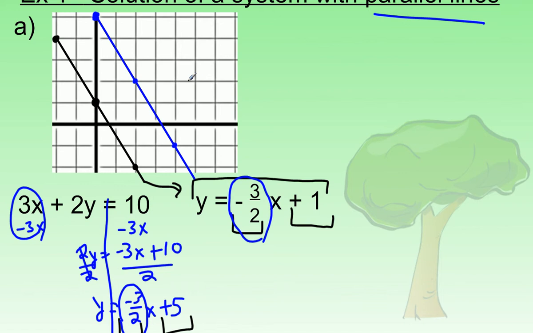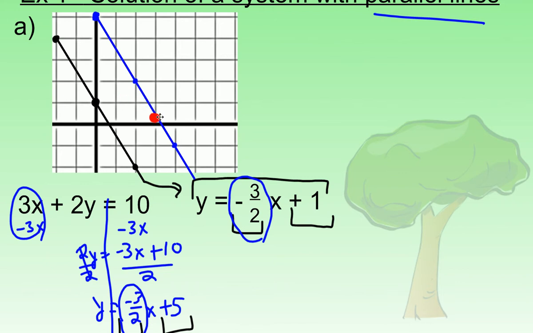So what's the solution to this system of equations? What point, if I make a dot here in red, what point on this graph will both of these lines have the same x and y value? This point is not on either line, so it's not true for either of them.